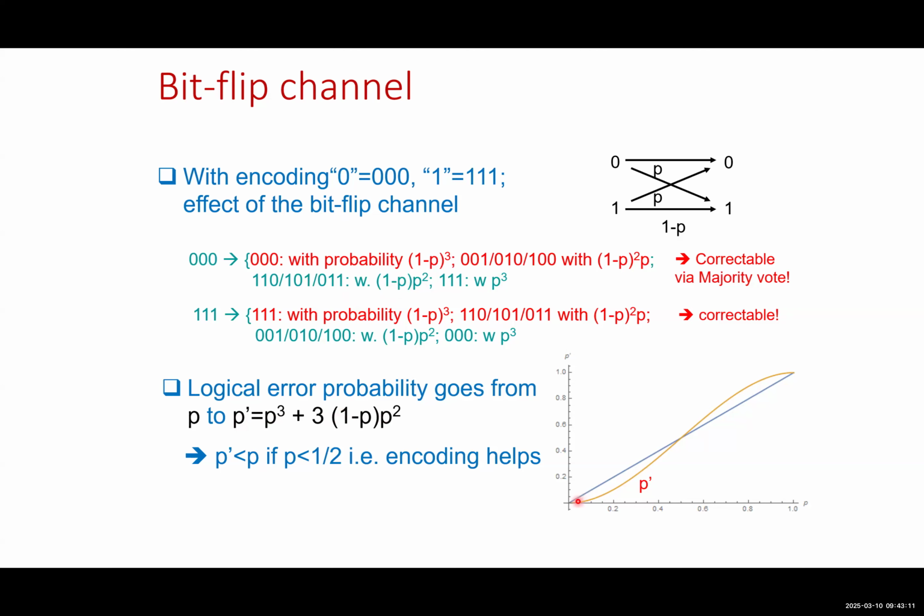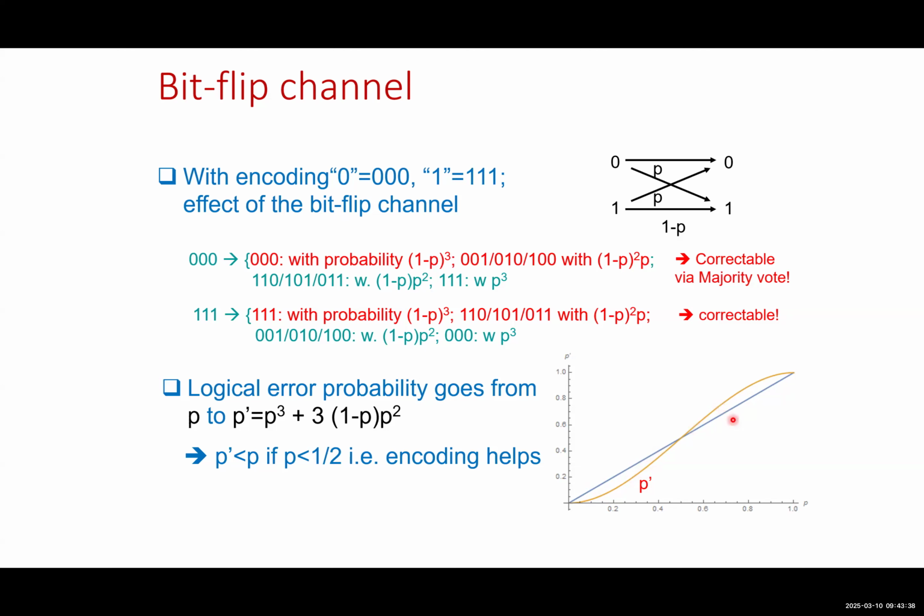And you can plot this curve. This is P prime as a function of P. And this is a straight line, P prime equal to P. They cross at 0.5. So that means if your initial error is lower than 0.5, after correction, it will be lower. After the encoding, the error rate will lower.